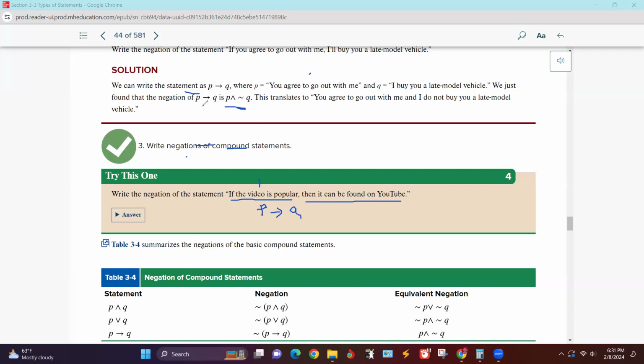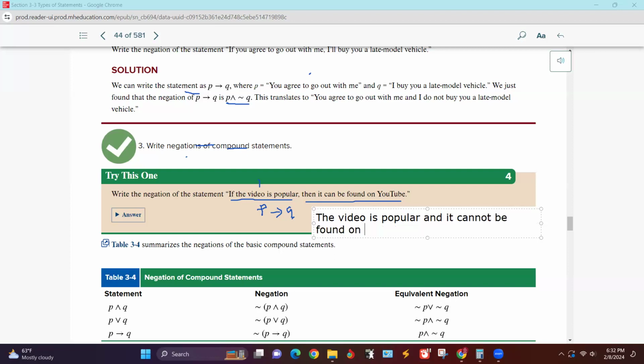We just found that the negation of if P then Q is P and not Q. So the negation would be: the video is popular and it cannot be found on YouTube.